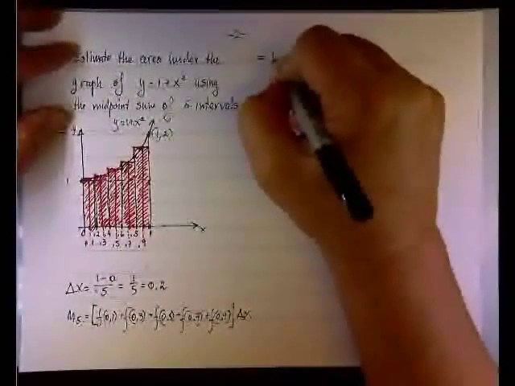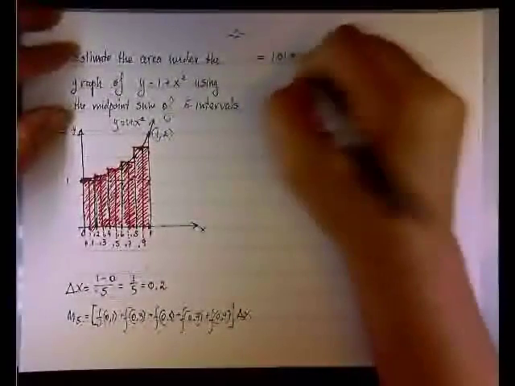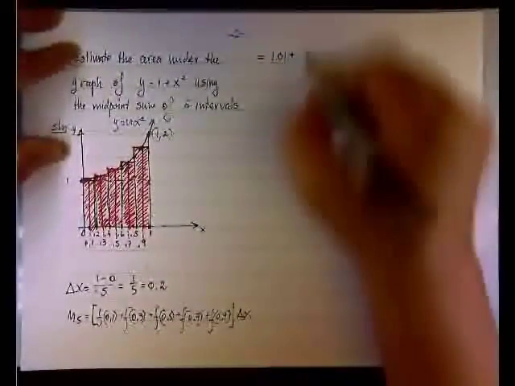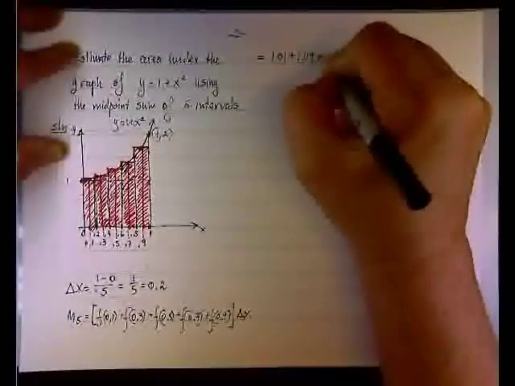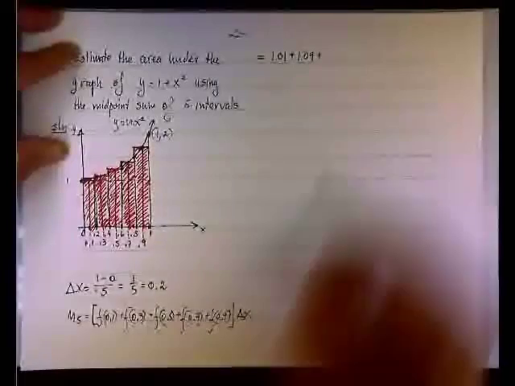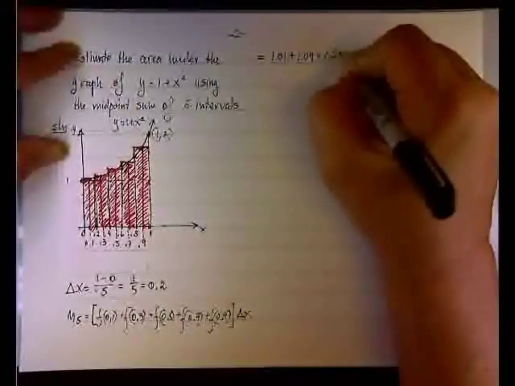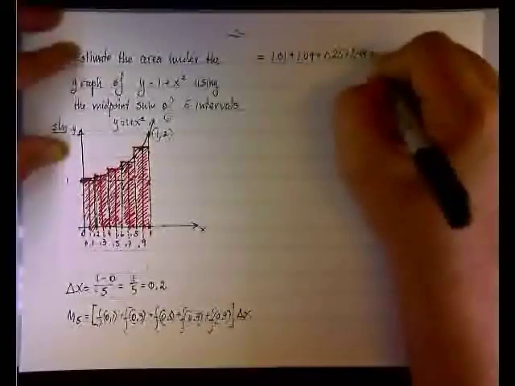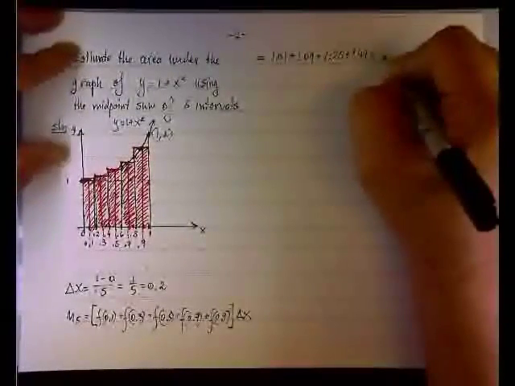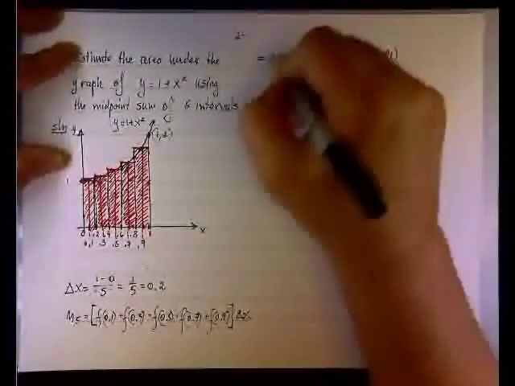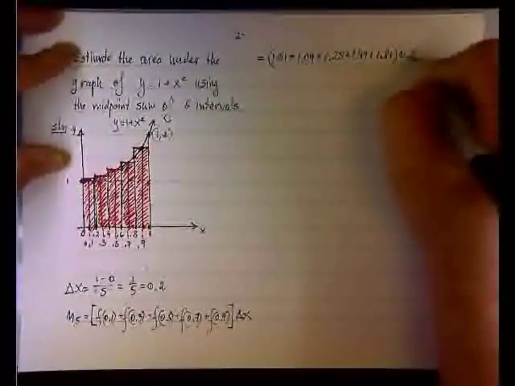So it will be 1.01, right? f of 0.3, 1 plus 0.3 squared, will be 1.09. 0.5 squared is 0.25, so it will be 1.25, and then 1.49, and finally 0.9. 1 plus 0.9 squared is 1.81. All of it is multiplied by 0.2.